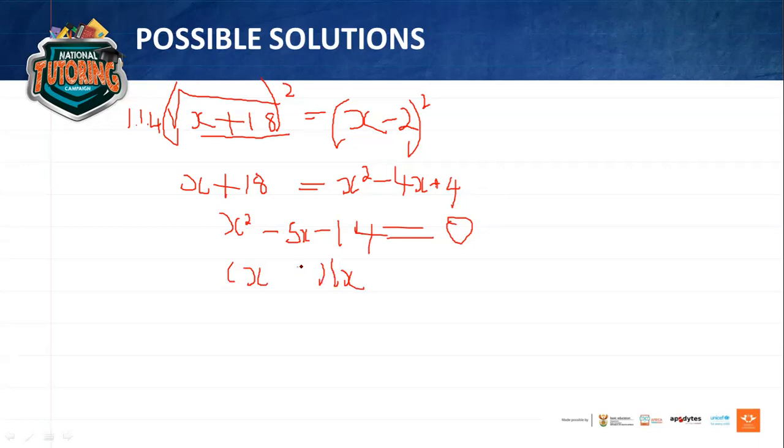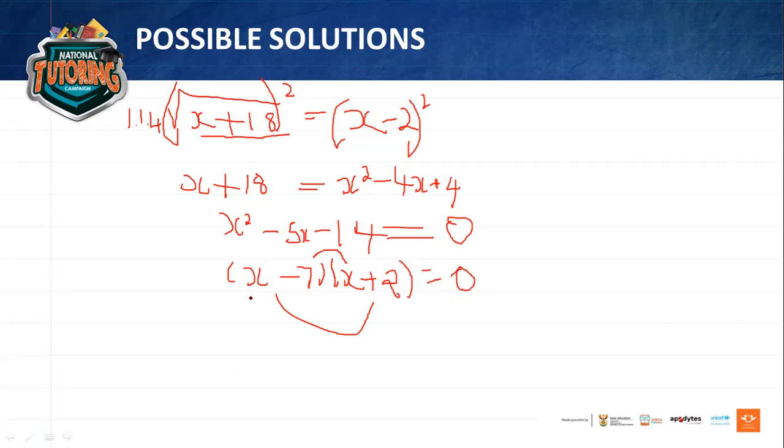I think we have 7 and 2. The 7 should be minus, so that the greater one is negative. Then it will give us minus 7x plus 2x. Now we know we've got the correct factors, equals 0.